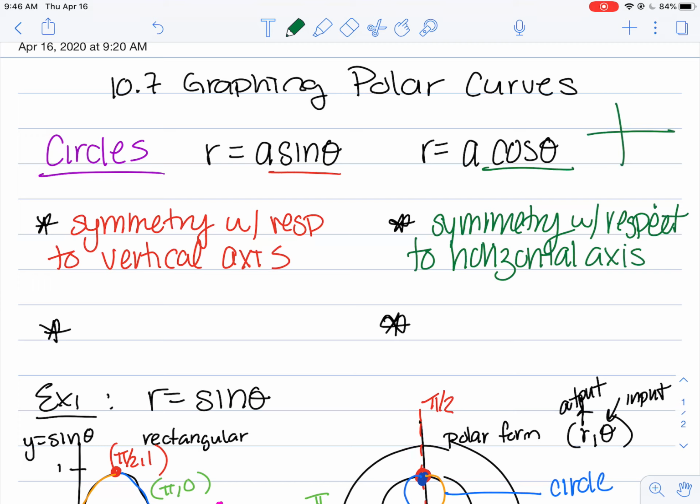And if you remember from Desmos, this is what r equals cosine looks like, where the radius is half of the a value, and r equals a sine looks like this, where your radius is a over 2.